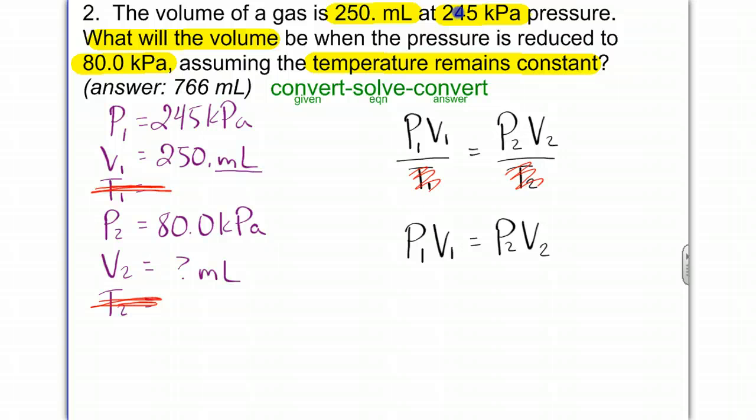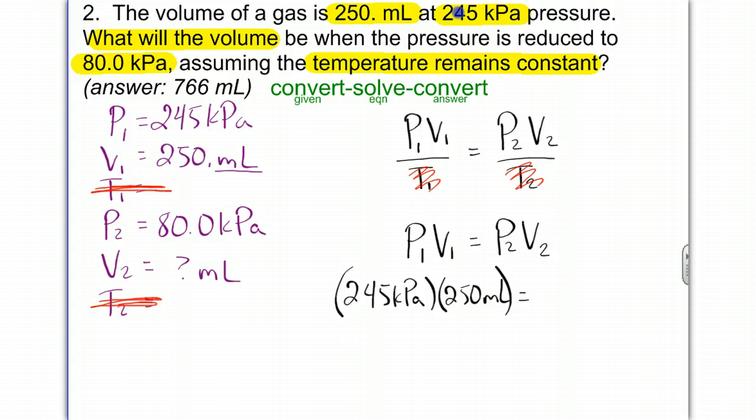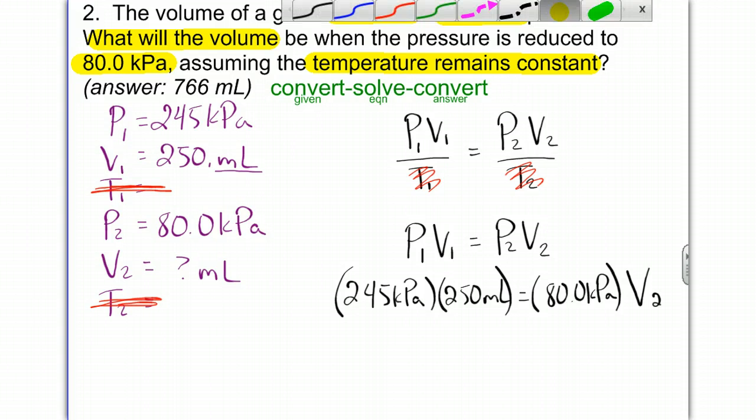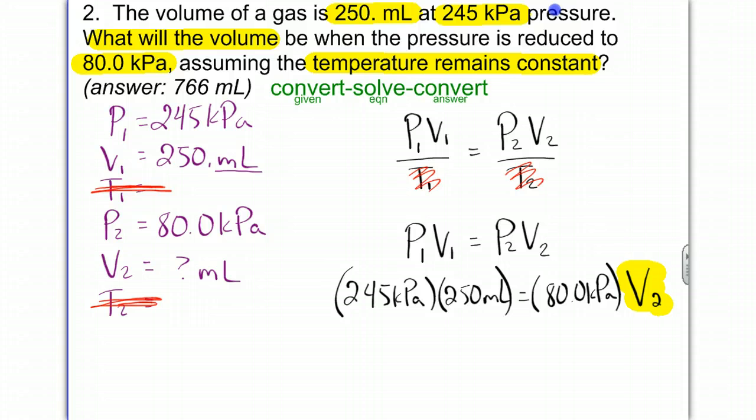So now I'll go ahead and plug in what I have. 245 kilopascals times 250 milliliters equals 80.0 kilopascals times V2. We are solving this equation with algebra for the second volume.